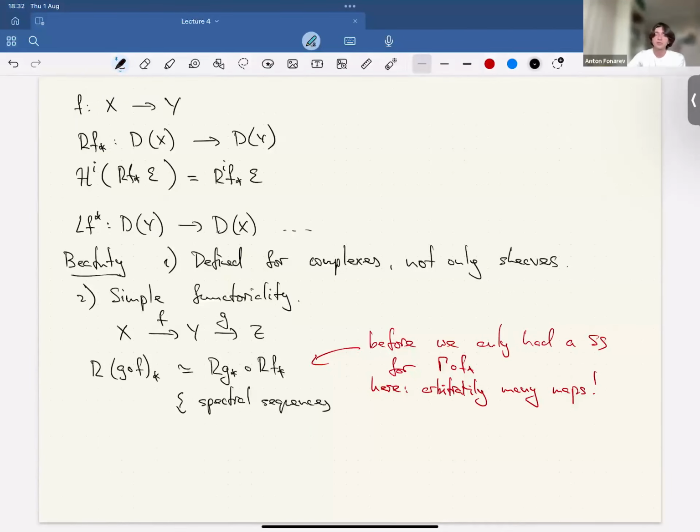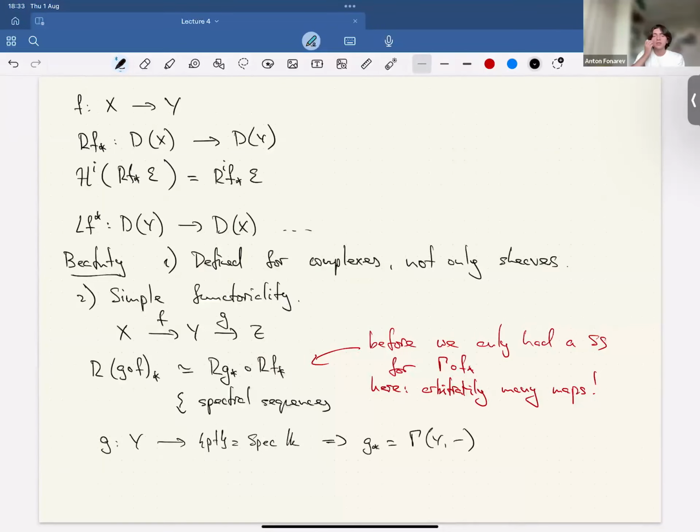What is the first spectral sequence that you get? Well, if G is a morphism from Y to the point, which is spec K, then G lower star is gamma, just the global sections functor.